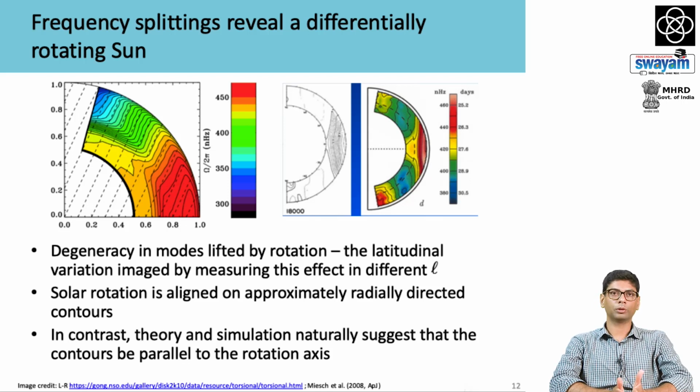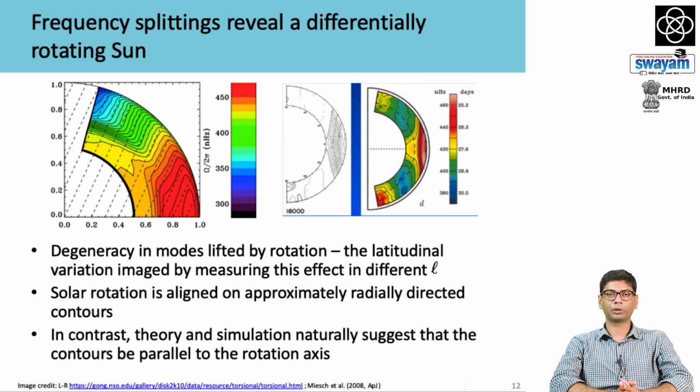The reason it's so interesting is that this is contradicted by both theory and simulation. Both suggest at first order that these rotation contours are parallel to the rotation axis. As you can see in the plots on the right, all of these lines, which are rotation contours, are parallel to the rotation axis.